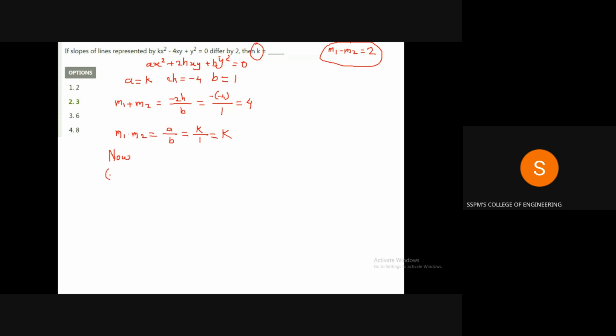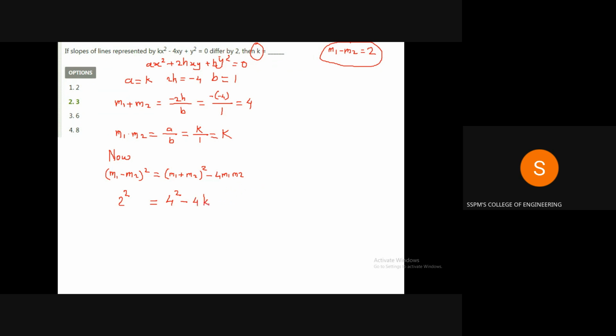It is given by m1 minus m2 square is equal to m1 plus m2 square minus 4m1 m2. Now m1 minus m2 is already given, so it is 2 square is equal to, what is m1 plus m2 square? m1 plus m2 square is 4 square minus 4m1 m2. 4m1 m2 means 4 into, what is m1 m2?